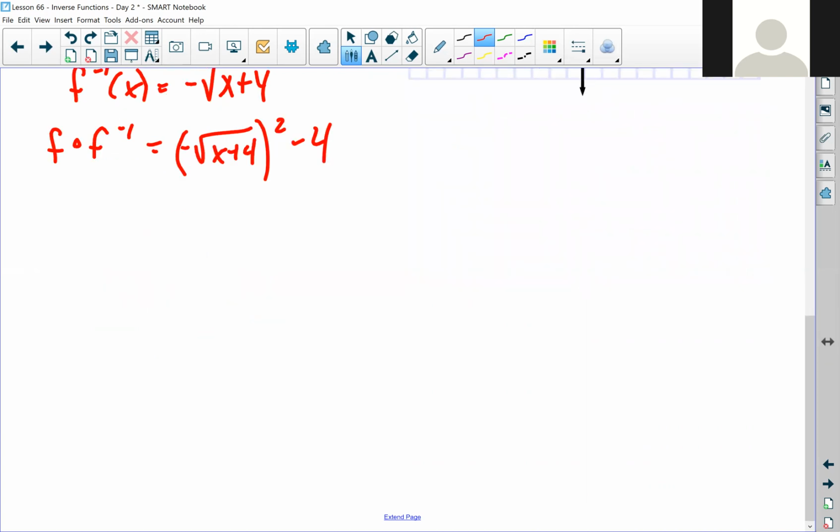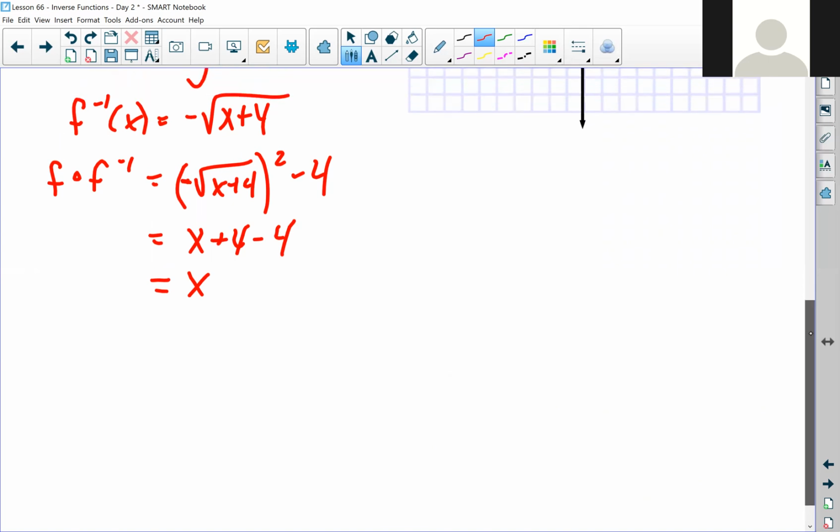When I square, the negative goes away because a negative times a negative is positive, and the square root goes away. So that verifies my inverse is correct, because if I take the composition of the function and the inverse, I do get x. That's nice.